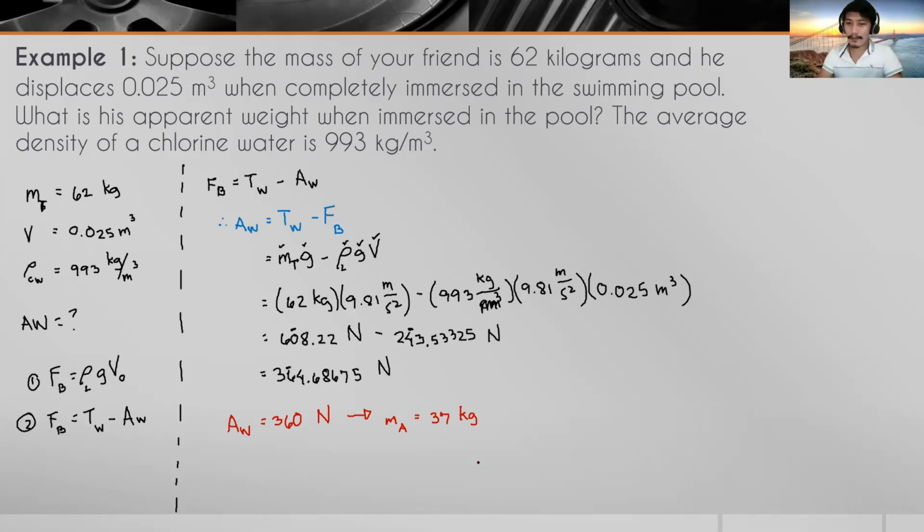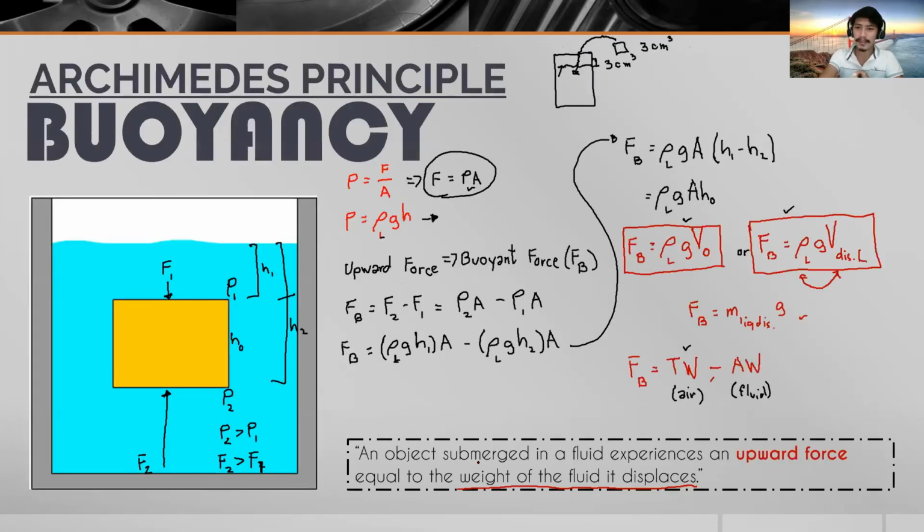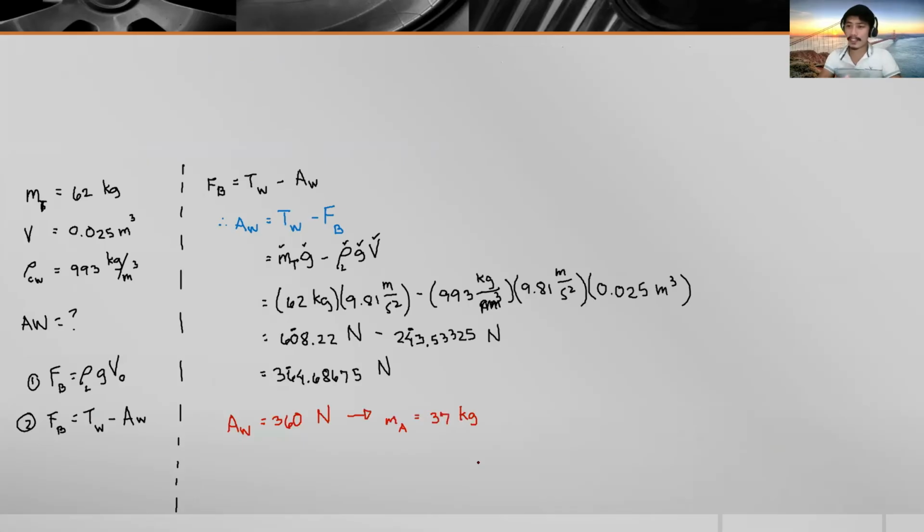Again, the relationship between buoyant force and density are directly proportional. So ibig sabihin, ano yung mangyayari sa ating buoyant force kapag mas dense ang isang fluid? Ibig sabihin mataas ang buoyant force. For example, last time I've given you an example sa chlorine water that's 993 kilograms per cubic meter.